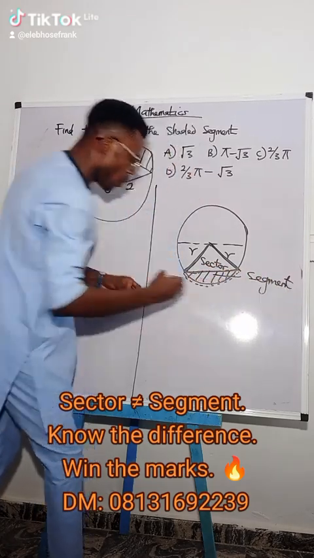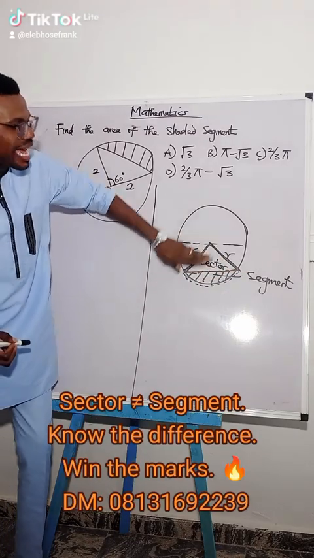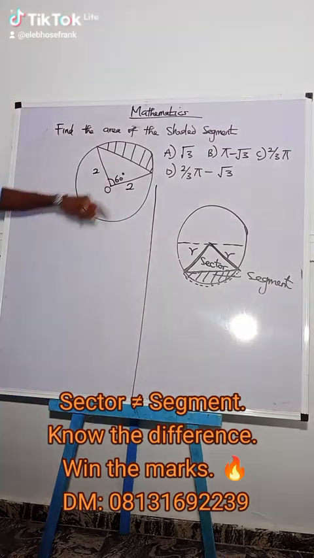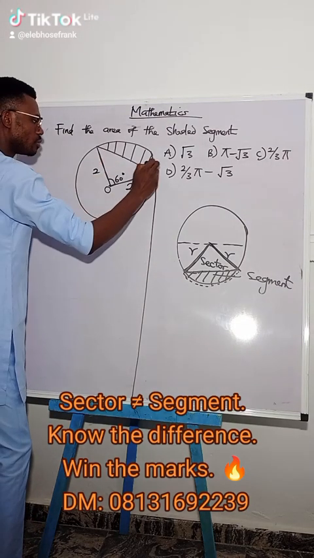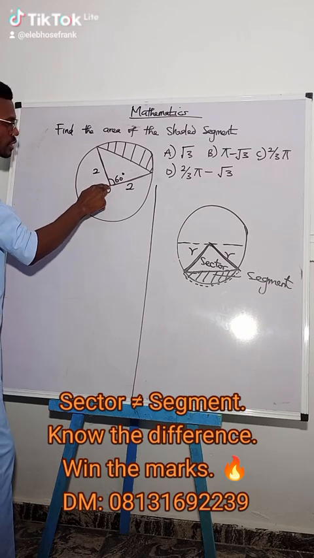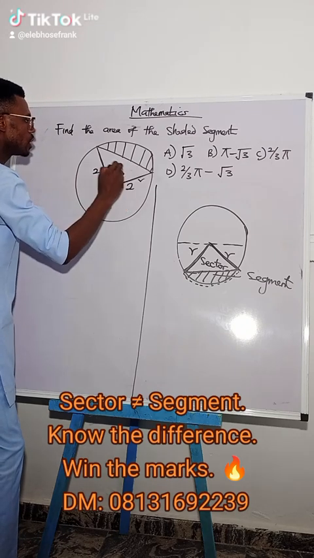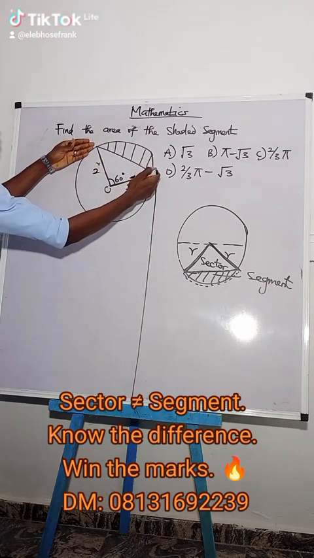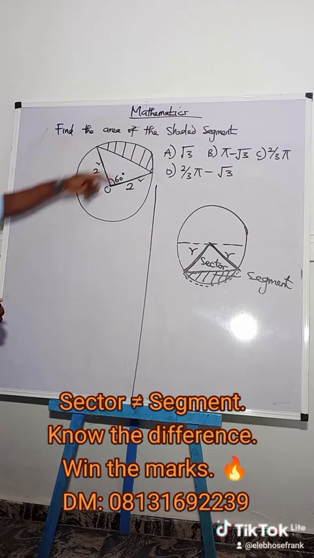So this is a radius, this is another radius, and this is a chord. If I take out the radii and the chord, what is left is the segment.